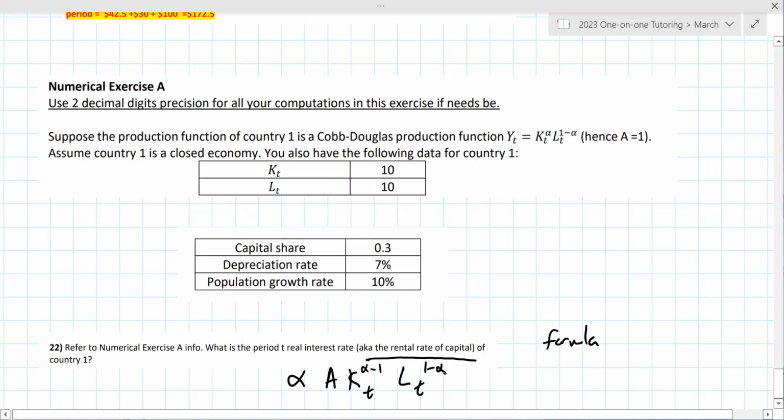Oh, okay. I guess we did do this, the real interest rate. They're giving you K of T. They're giving you L of T. They're telling you A is 1. That's important. And do you know alpha? Is that the 0.3?